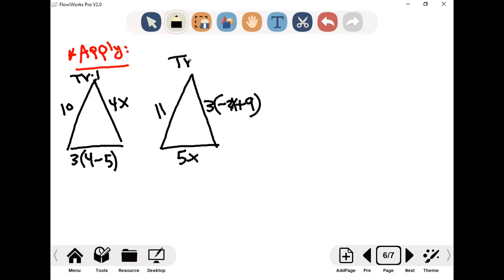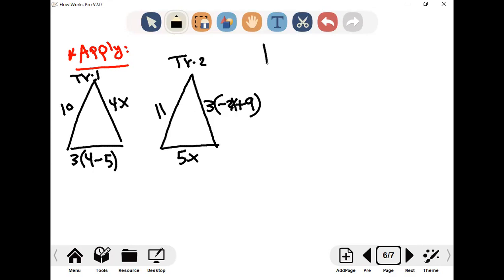This is triangle 2. The question wants us to write expressions that represent the perimeter of each triangle, so we will find the perimeter of each triangle. Triangle 1, triangle 2, right?